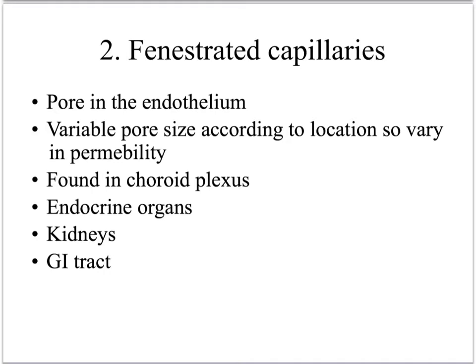So fenestrated capillaries are made up of endothelial cells that have little pores in the cell that allow things to pass through. You'll find these capillaries in the choroid plexus, which is where the central nervous system creates the cerebrospinal fluid that's filtered out of the bloodstream. You'll find it in endocrine organs to allow passage of molecules of hormones because they tend to be larger in structure. You'll also find them in the kidneys and in the GI tract.